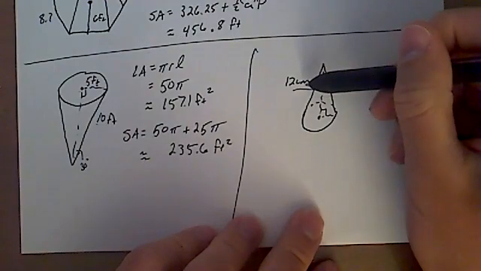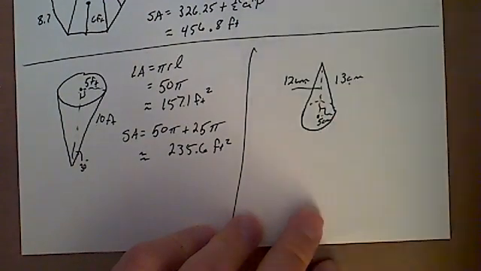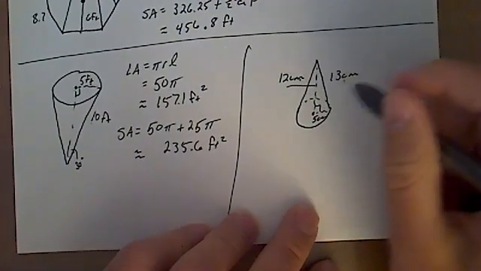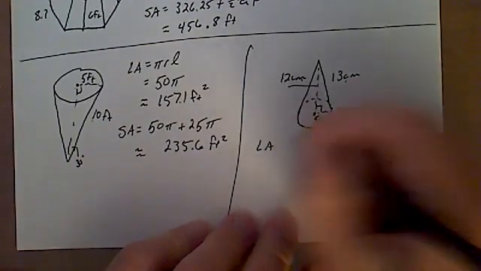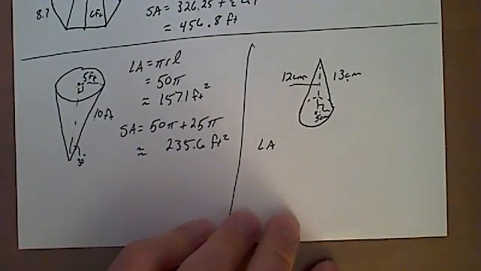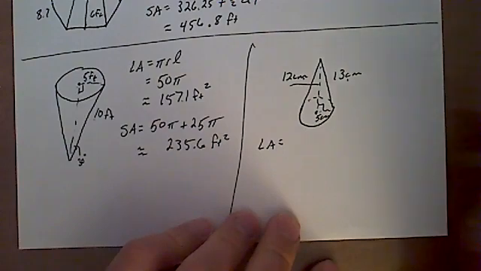Hypotenuse 13, one side 12, the other side is 5, right? A 5, 12, 13 Pythagorean triple. Probably the second most common Pythagorean triple we use, next to 3, 4, 5. And this might be a time that you would pause, try to do it all on your own, and then come back and see if you get it right. If not, you can just follow along.